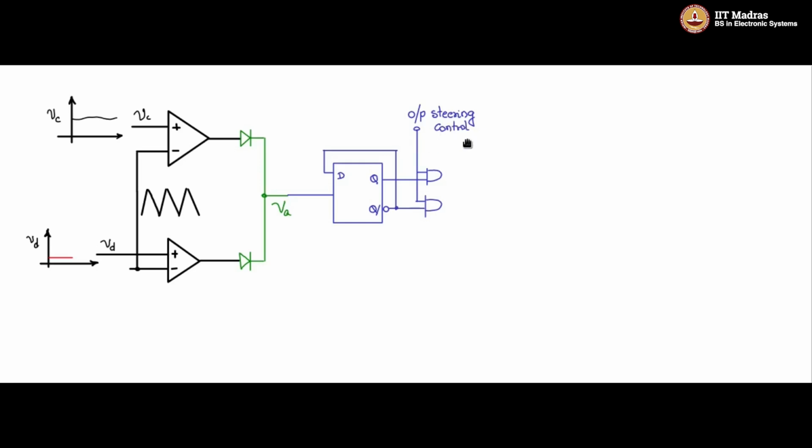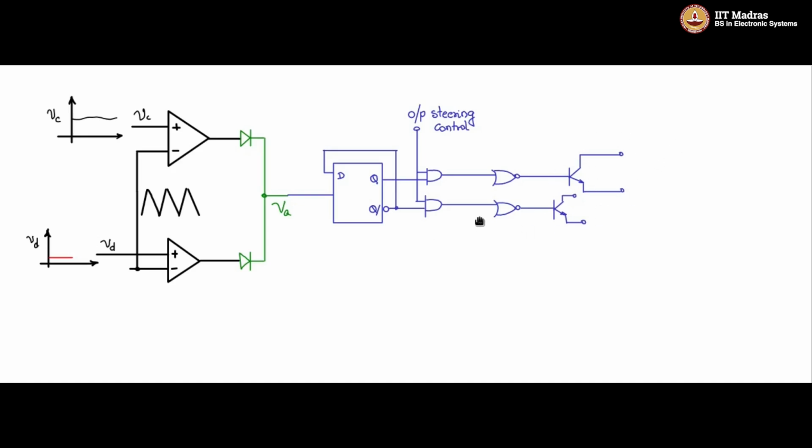This has an important effect on the final output of the PWM. I will discuss this. Just for now, assume that this is a pin which can take value 1 or 0. Now the outputs of the AND gates are given to NOR gates like this, and the outputs of the NOR gates are given to the BJT or a transistor, which can be further amplified and then drive the power switches.